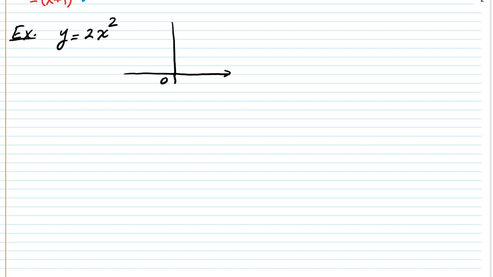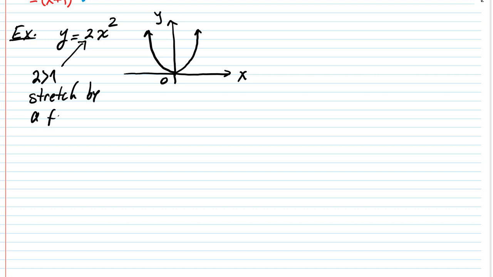It's in our library of functions, and this is a basic parabola. Correct? Now, the factor of 2 is bigger than 1, so it's going to be a stretch by a factor of 2.